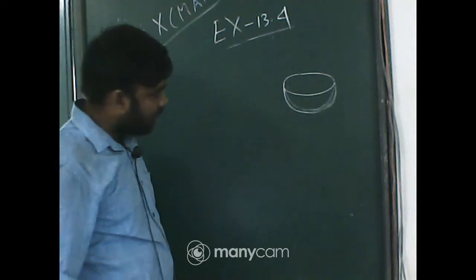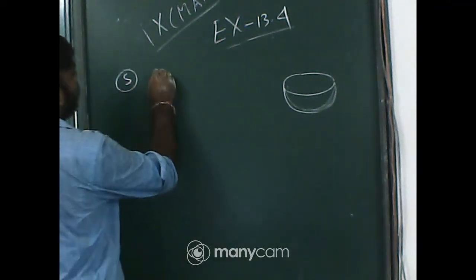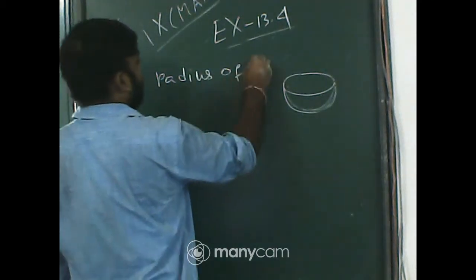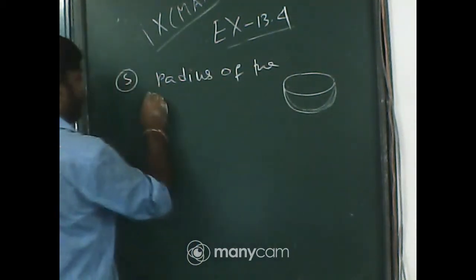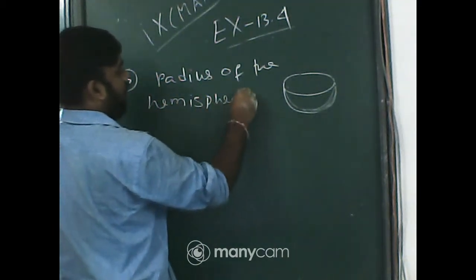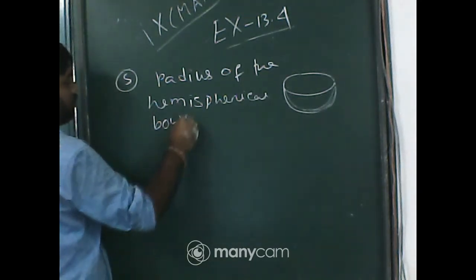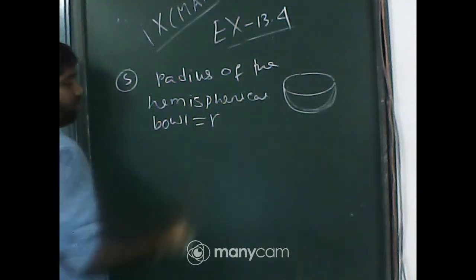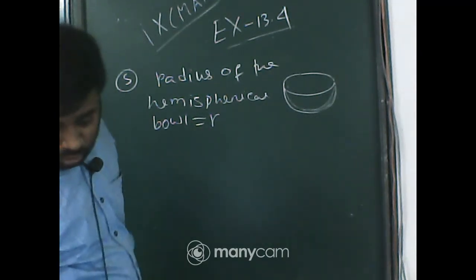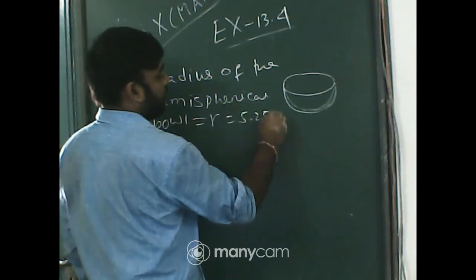First tell me, students, the radius of the hemispherical bowl, R equal to 10.5 by 2, that is 5.25 centimeter.